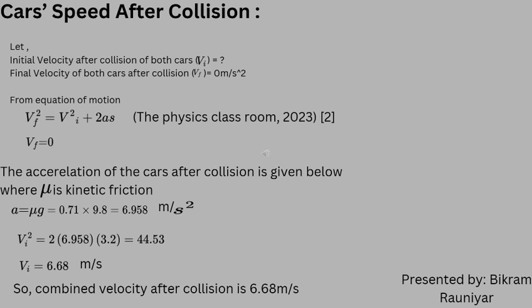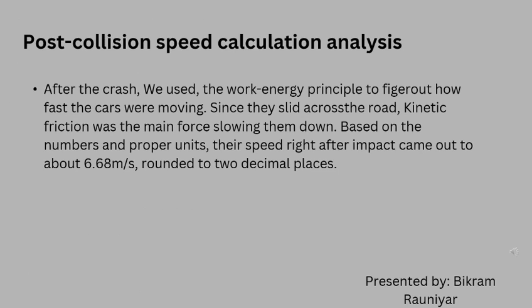Let's consider the initial velocity of both cars as vi and the final velocity as vf. We use the equation of motion and the final velocity becomes 6.68 meters per second. After the crash, we calculated the post-collision speed, 6.68 meters per second, using the work energy principle.